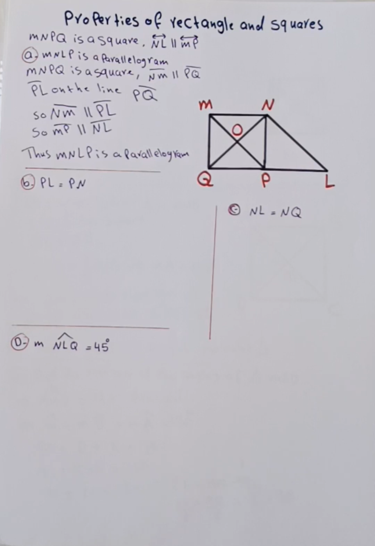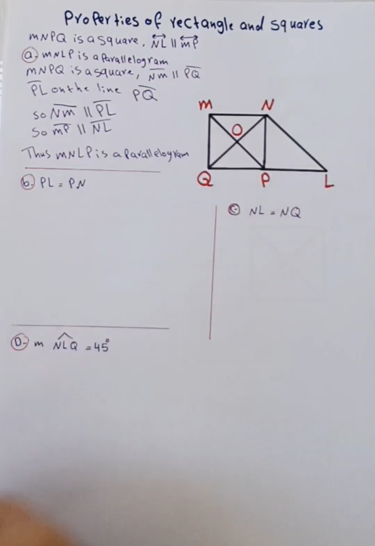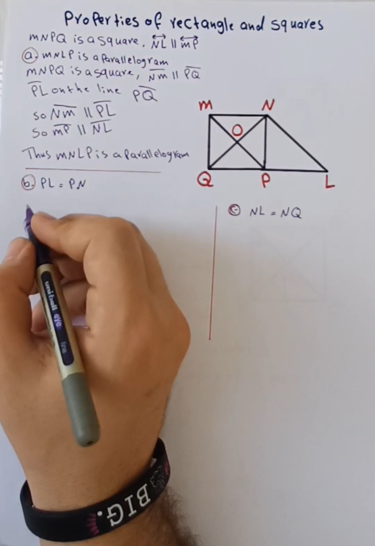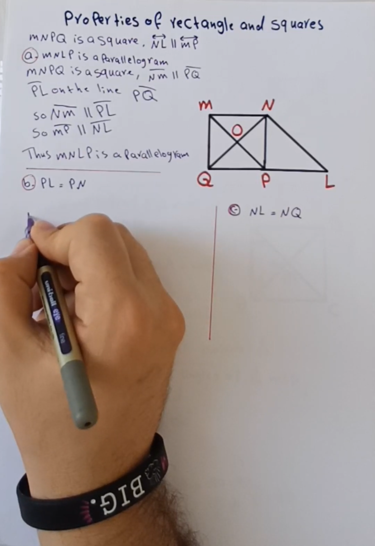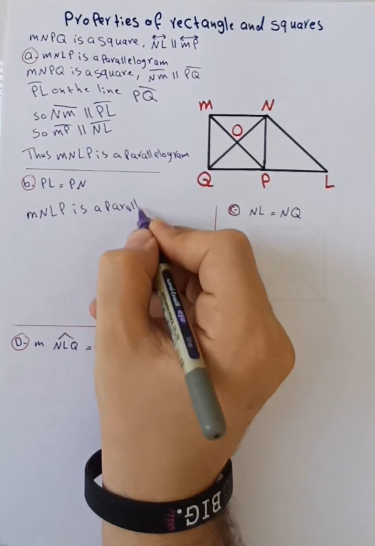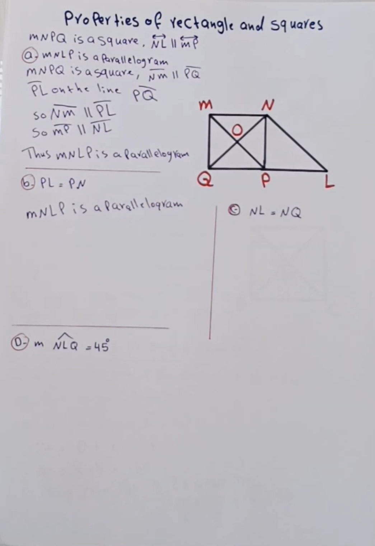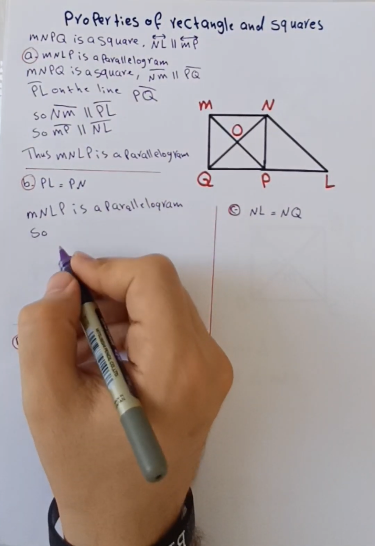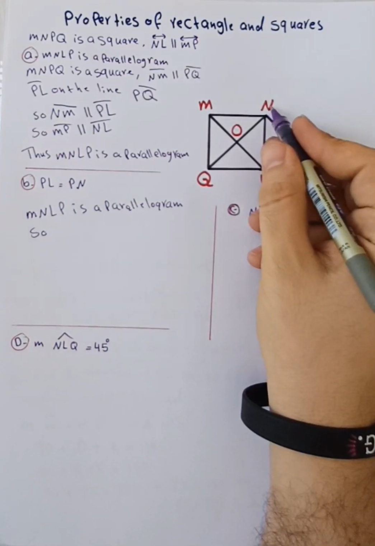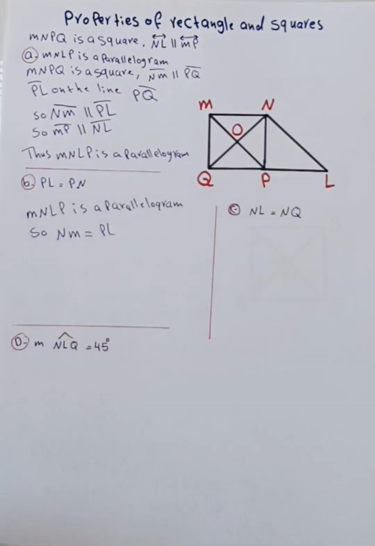For B, we have to show that PL equals PN. MNLP is a parallelogram, which we proved in the first part of this example. So NM equals PL.